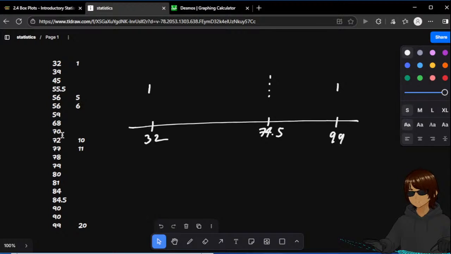You have 10 here. 1, 2, 3, 4, 5. So between 5 and 6 is 56. 1, 2, 3, 4, 5, 6.